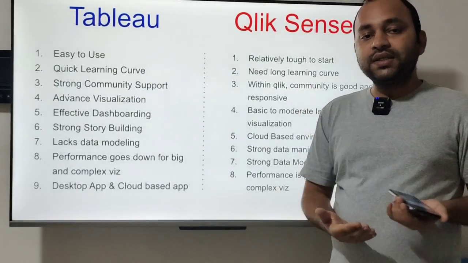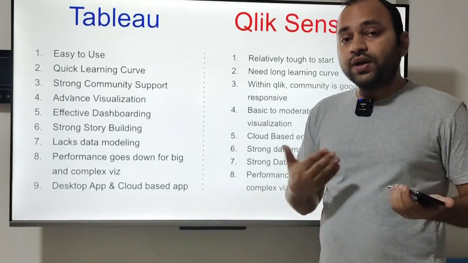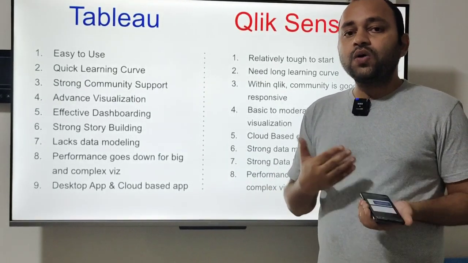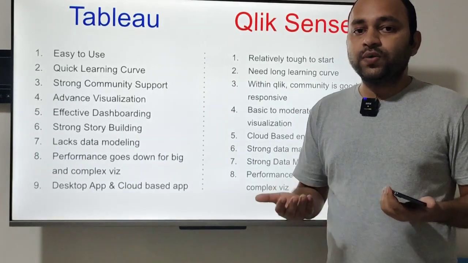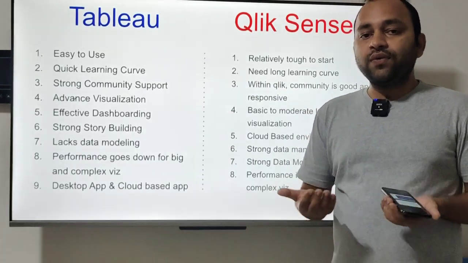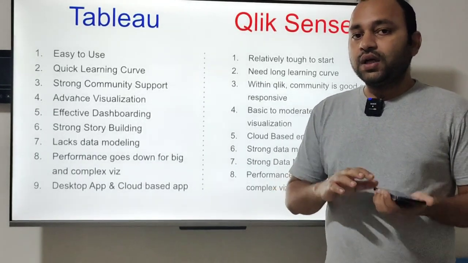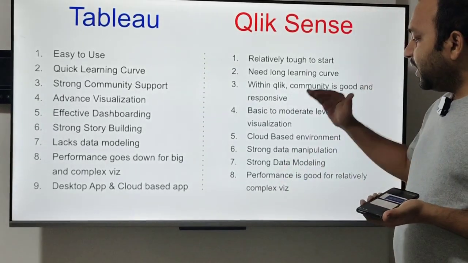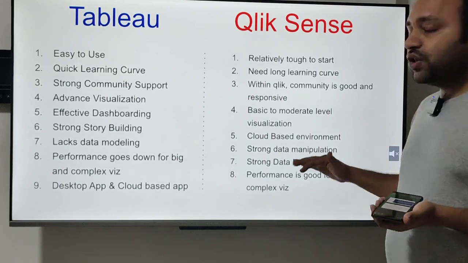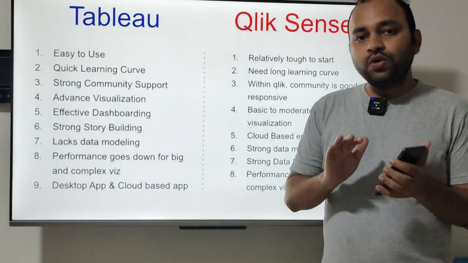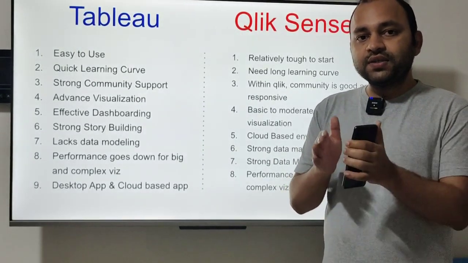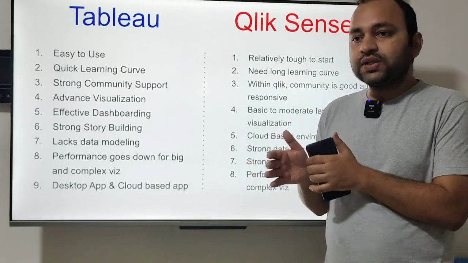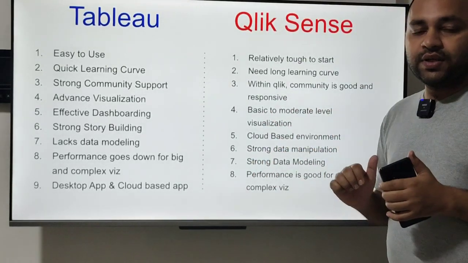Also, from an organization perspective, if you are evaluating, then think about how complex the situation sometimes is. If you want one tool which can handle the best of both worlds, that means you can handle the data modeling and data manipulation, and in the same tool you want to do fairly basic to intermediate level visualization, then Qlik Sense is your tool.